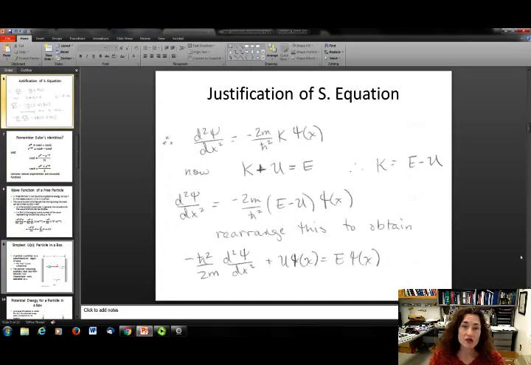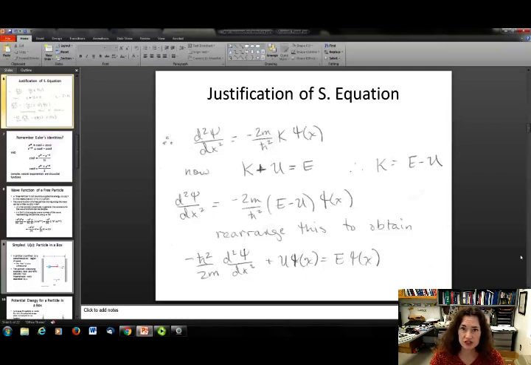Now, if we rewrite that, the second derivative of the wave function with respect to position x is equal to negative 2m over h bar squared times the kinetic energy K times psi of x, our wave function. Now let's remember our definition of mechanical energy.